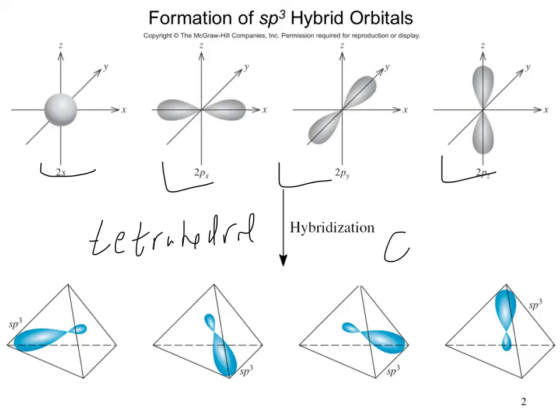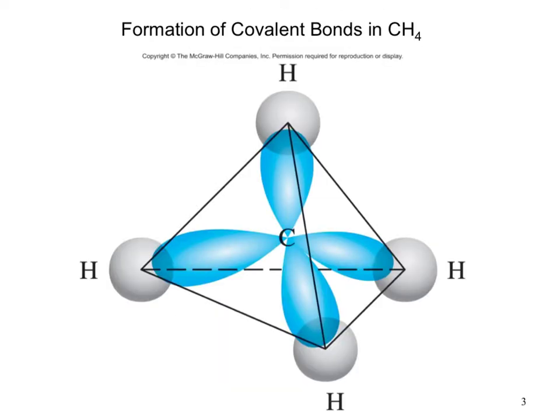Something like methane, CH4, that carbon would have sp3 hybrids. So let's take a look at how we form the bonds of something like these sp3 hybrids in methane. The carbon has four sp3 hybrid orbitals, each pointing to the corner of your tetrahedron.